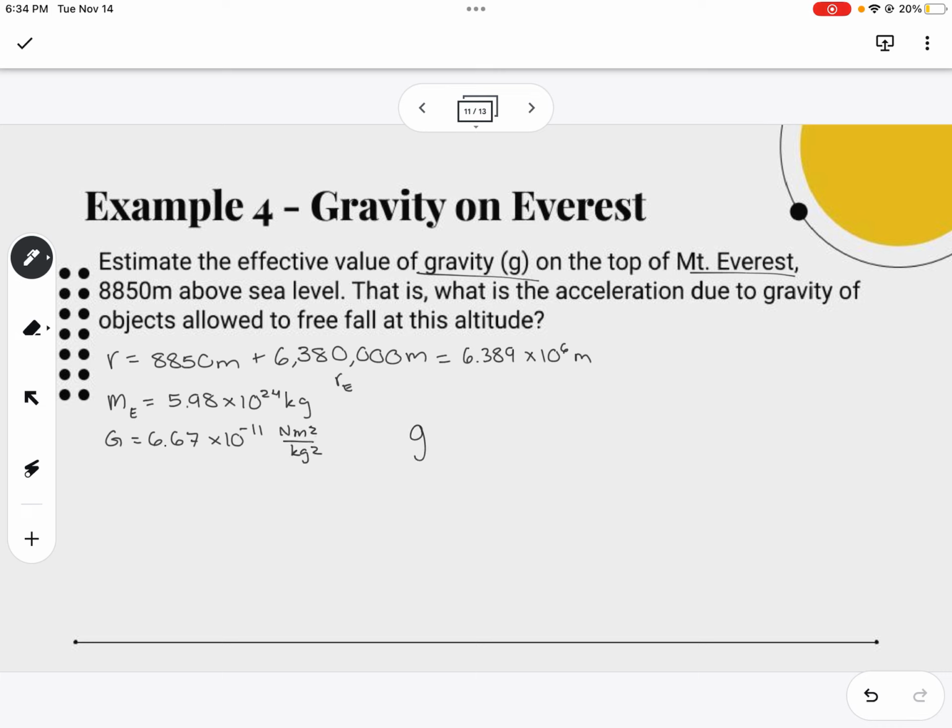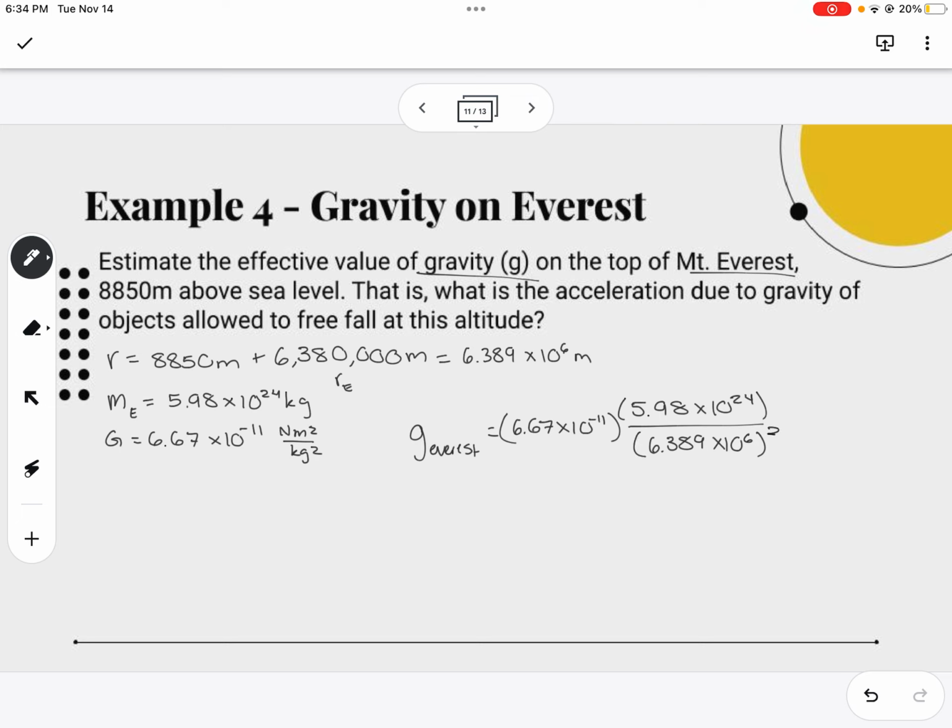So when we plug this in, this is going to be g at the top of Everest. You're going to get 6.67 times 10 to the negative 11. I'm going to drop units, units work out. Times 5.98 times 10 to the 24, divided by 6.389 times 10 to the 6.